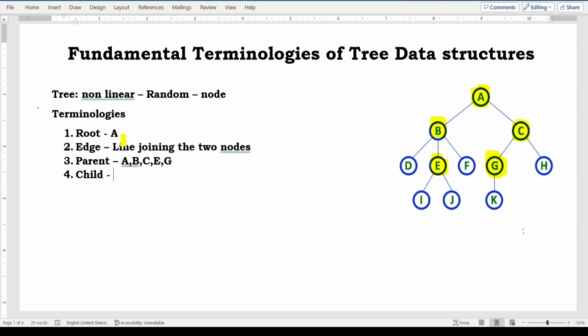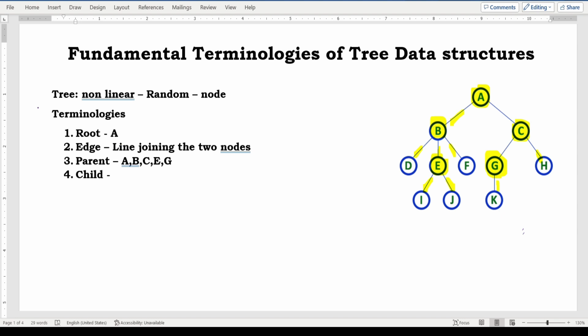In simple words, the node which has a link from its parent is called a child node. So here, which are the child nodes? With respect to A, B and C are the child nodes. With respect to B, D, E, F are the child nodes. With respect to C, G and H are the child nodes.